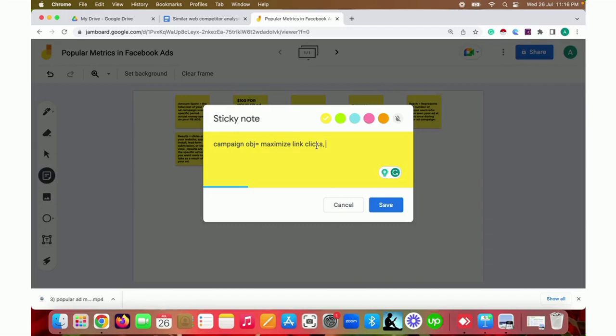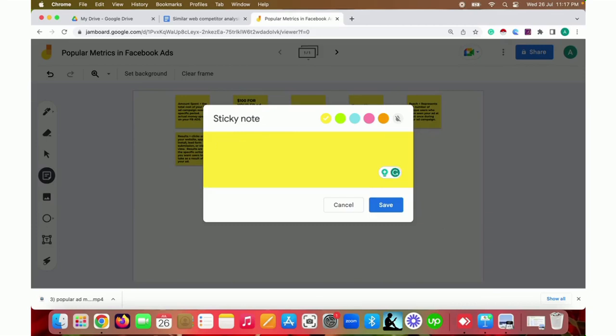So on the basis of the campaign objective you have set, Facebook will optimize the delivery to show your ads to people who are more likely to click on the links within the ad. I hope the delivery part is clear now.